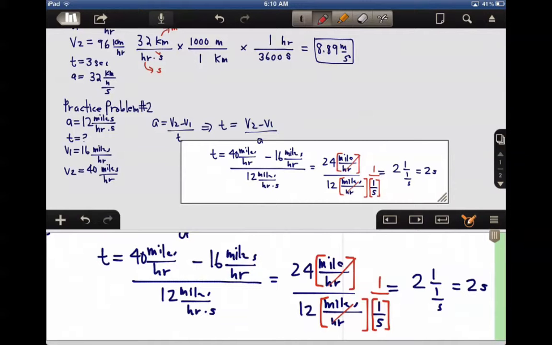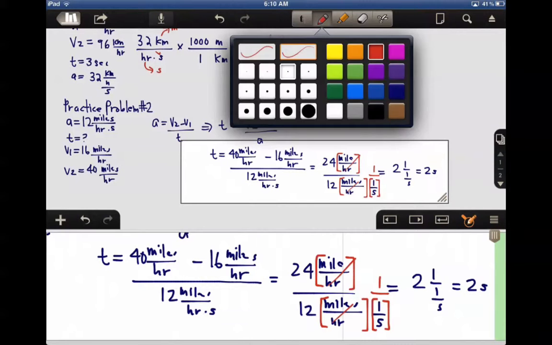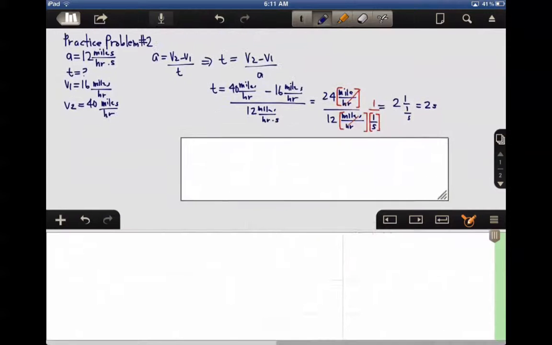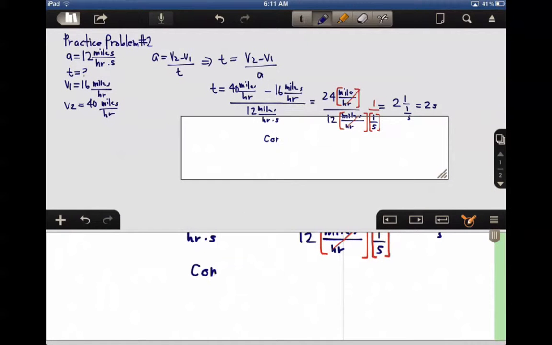Now, the actual problem asked to figure out how many minutes this is. So the last step is to convert 2 seconds to minutes.